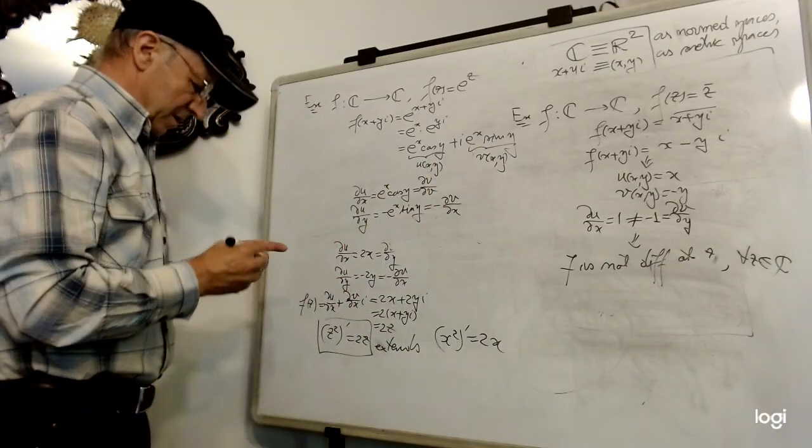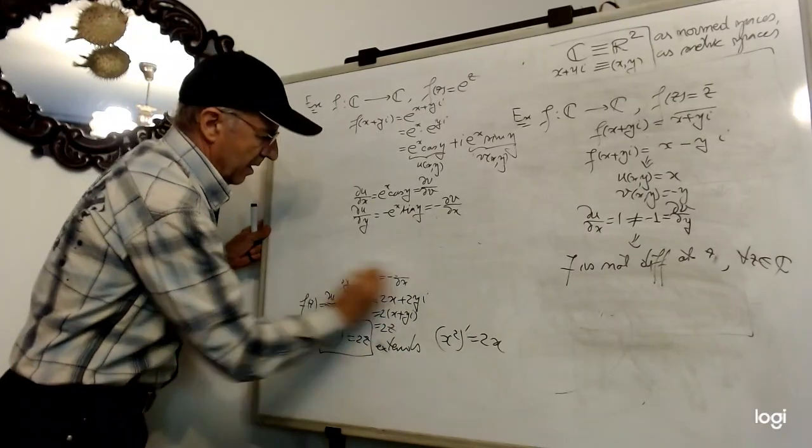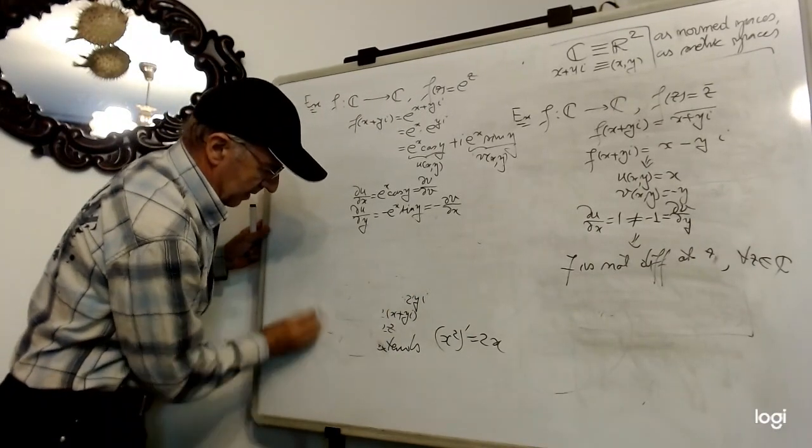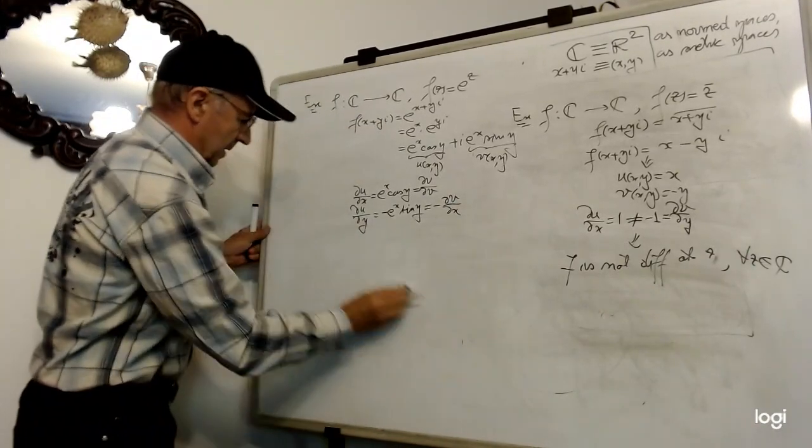So the Cauchy-Riemann conditions are satisfied, and now we compute the derivative at an arbitrary point.